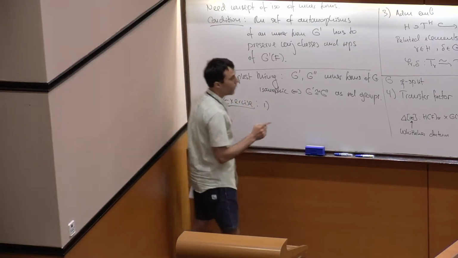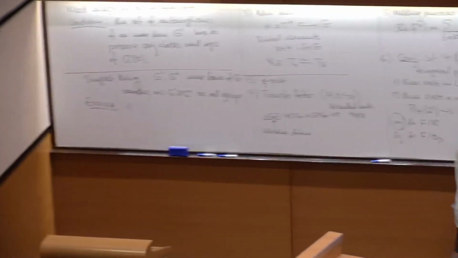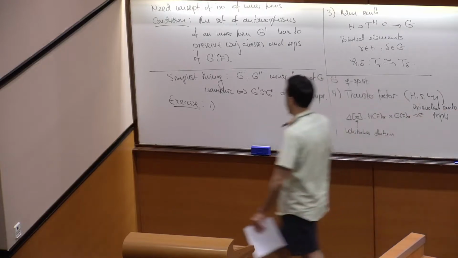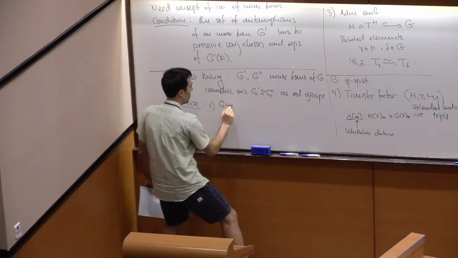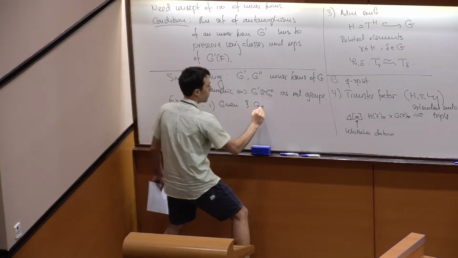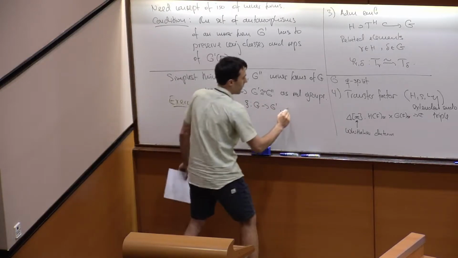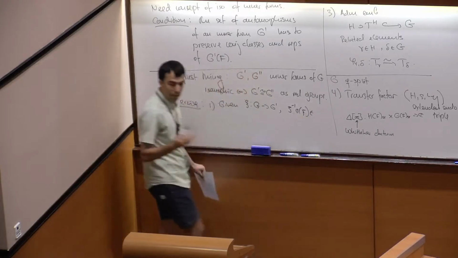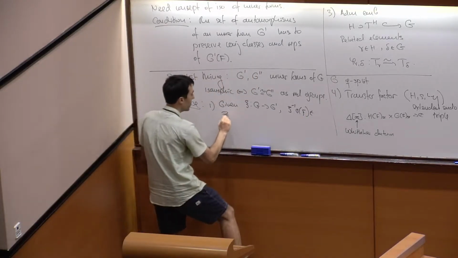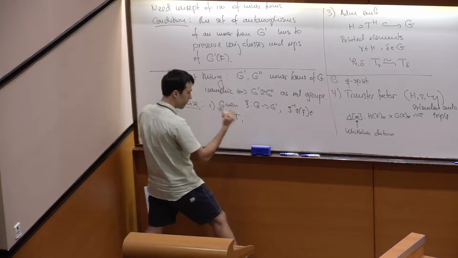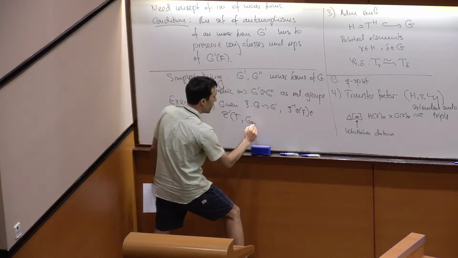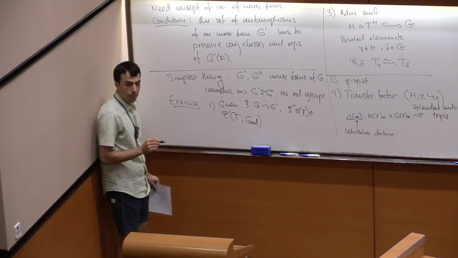One, now, remember my letter psi here. So given psi from G to G', we have psi inverse sigma psi. What is that thing? Well, that is a cocycle for the Galois group acting on G adjoint.